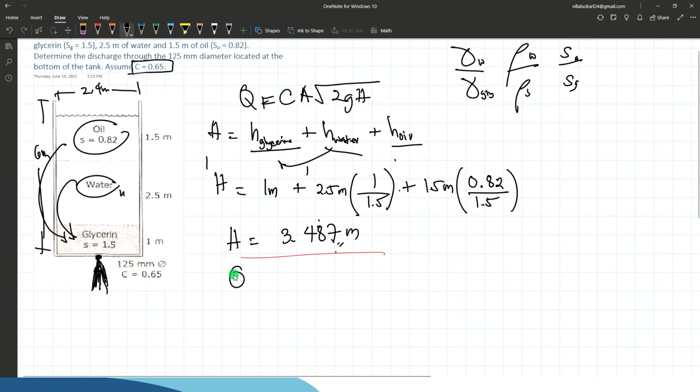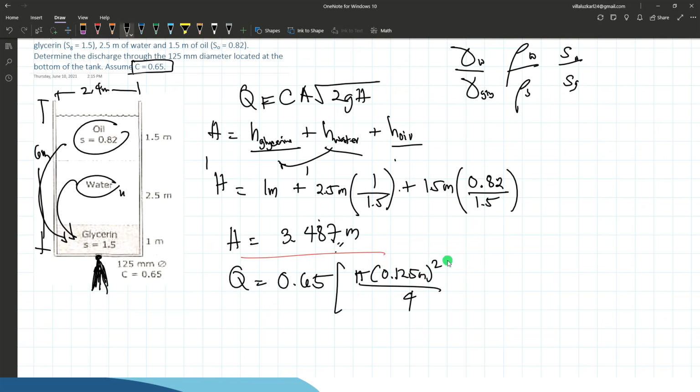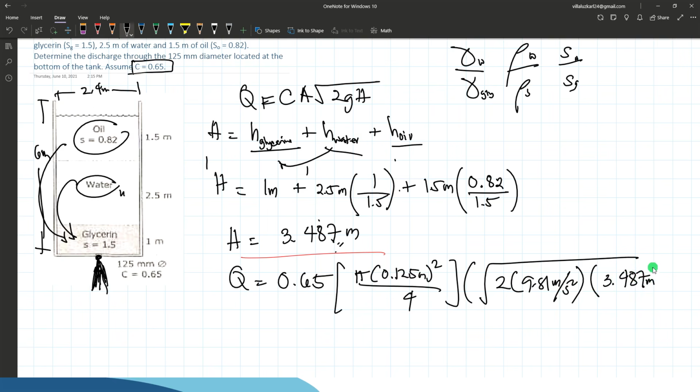Q equals C, 0.65, times area, 125 mm diameter, so pi times 0.125 meters squared divided by 4, multiplied by the square root of 2 times 9.81 times H, 3.487.